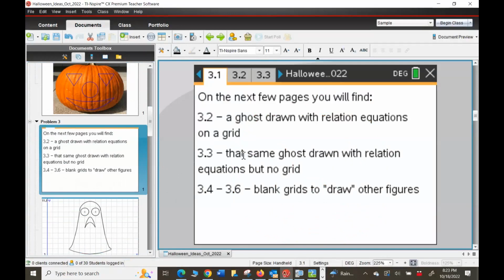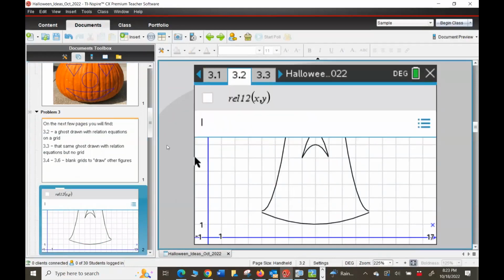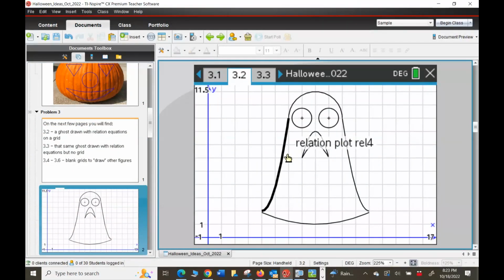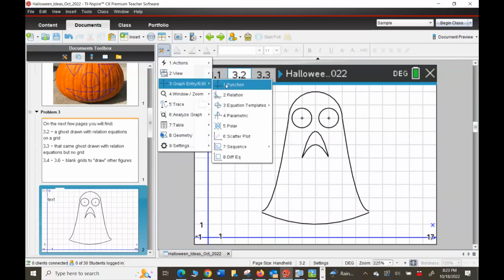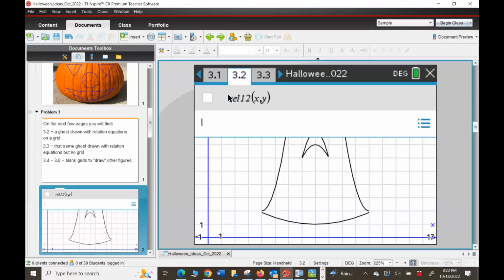On the next pages, you'll find a ghost drawn with relation equations on a grid. So that's right here, okay? And to see them, by the way, you'll notice I didn't use functions here. I could have, but I just thought I would use the relation grapher, especially for the circles, okay? And to see that, that's under Graph Entry Edit, that's under Relation, okay?